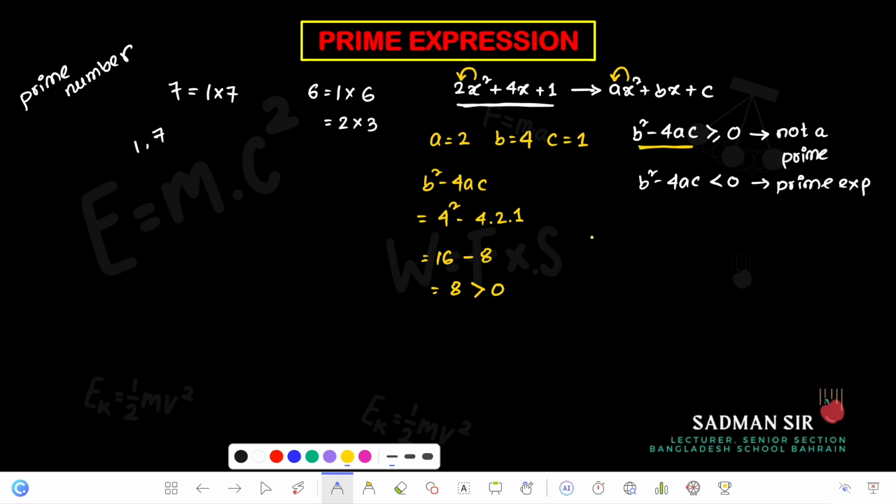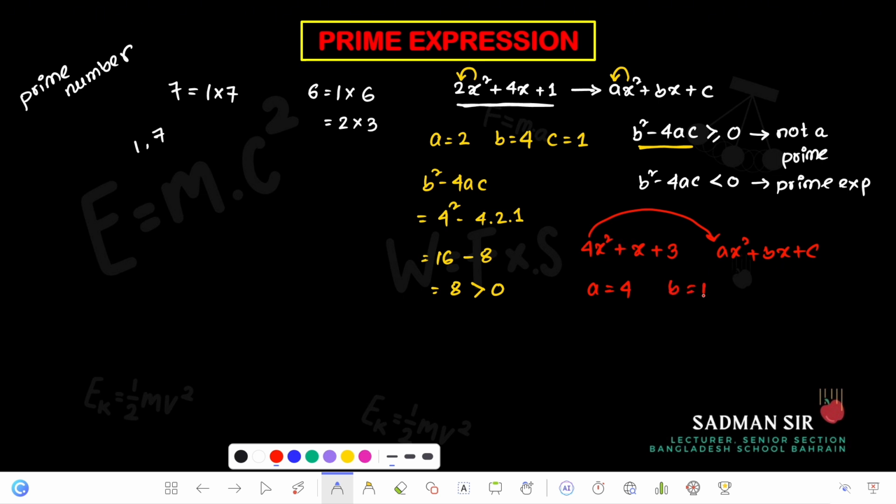Now let us take another example. If I have 4x squared plus x plus 3, let us check whether this expression is a prime expression or not. Again, remember, we need to compare this with ax squared plus bx plus c. So here a will be 4, and with x there is no number written. Whenever no number is written, the coefficient is 1.